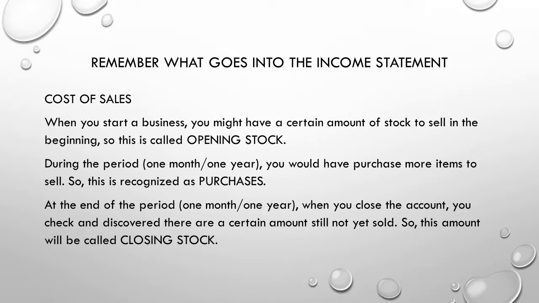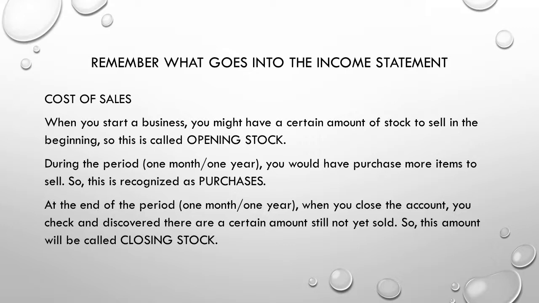And then during the period, say one month or one year, you would have purchased more items to sell. So this is recognized as purchases. At the end of the month, when you close the account, you check and discover there is still a certain amount not yet sold. So this amount will be called closing stock.